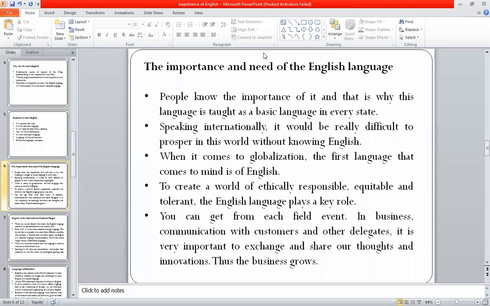So to apply these qualities to our mind, we have to be very responsible.